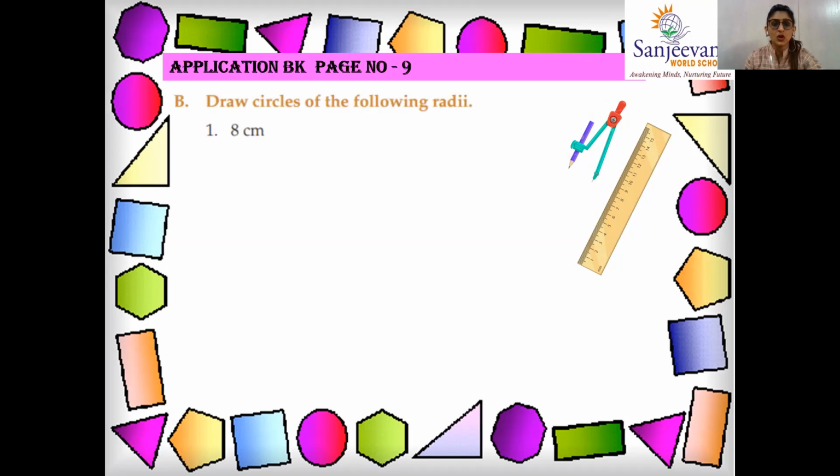Question number B. Draw circles of the following radii. First is 8 centimeter. Now, how do we draw a radius of 8 centimeter? Take your pencil and mark a dot wherever you want. So this will be the center of the circle. Once this is done, take your compass and keep the 8 centimeter measurement on the ruler.